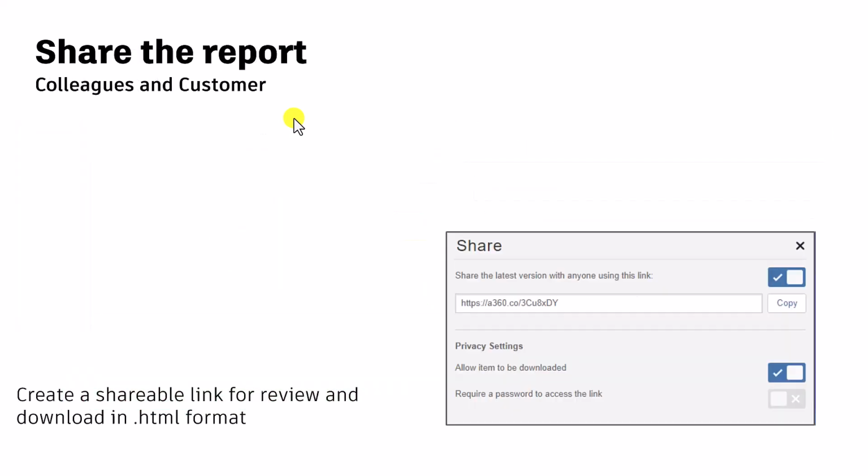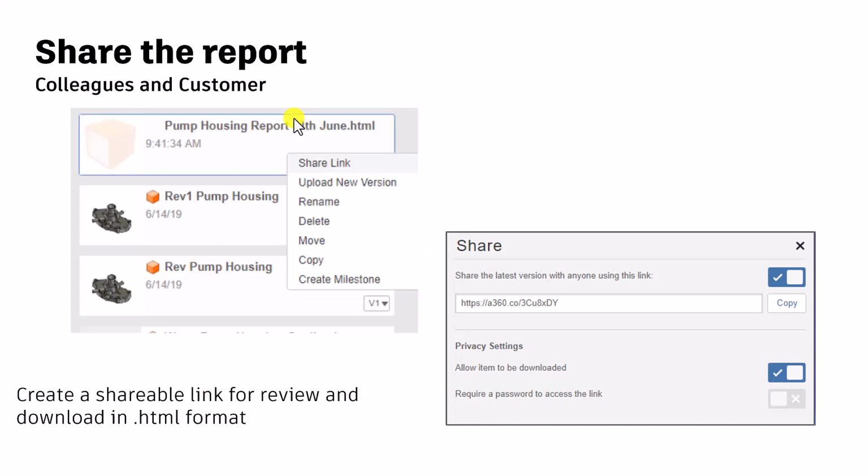And as I said, it can be shared, and I like the option that once the report has been saved, you should be able to see it in your project tree, or I would say the directories, and then from there you can generate the share link as you share any of the files over here.